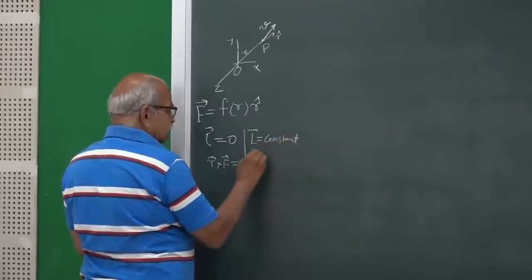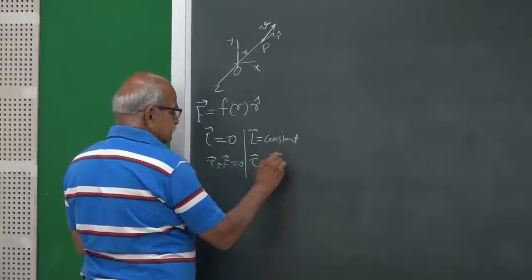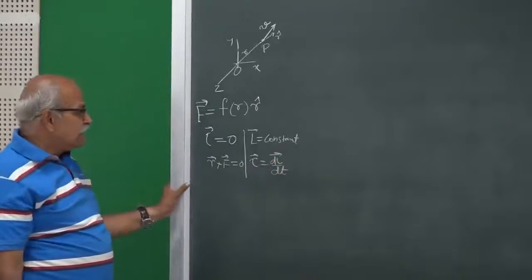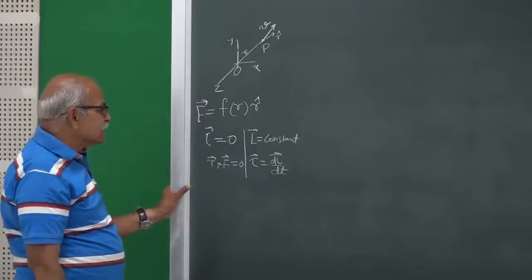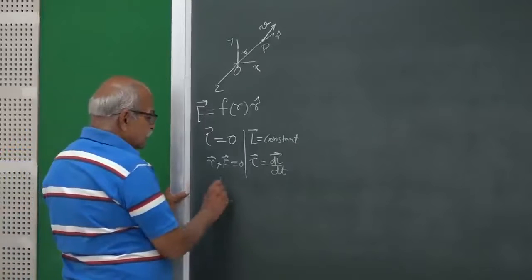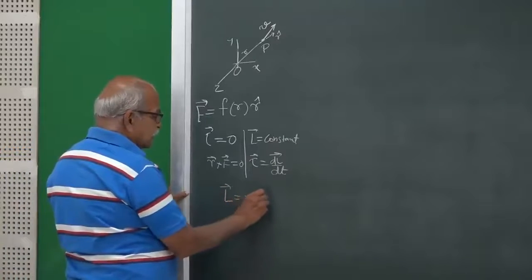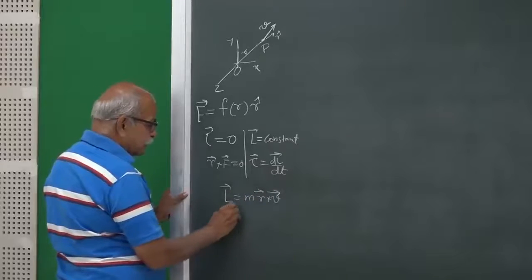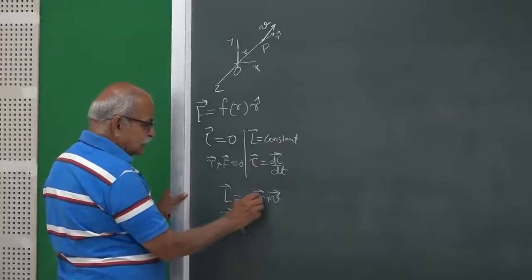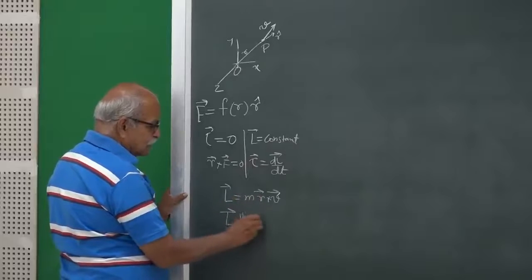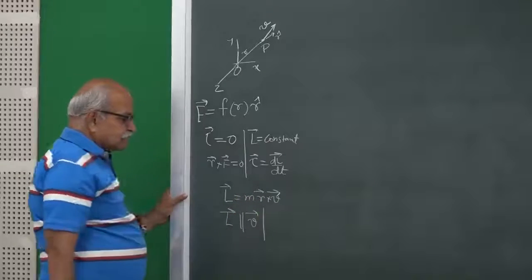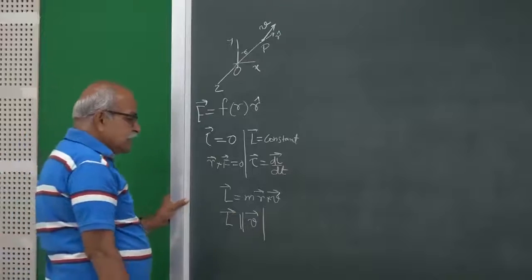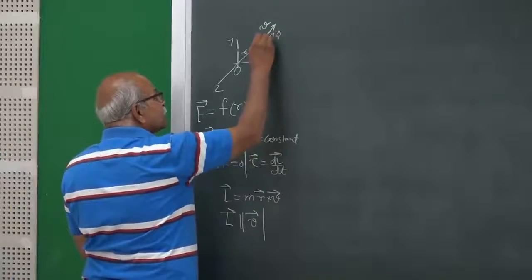because your torque is dL/dt. And if L vector is constant, and L vector is m times r cross v, then L is perpendicular to this r vector and also perpendicular to this v vector. Initially, at least initially, r is here, v is here.